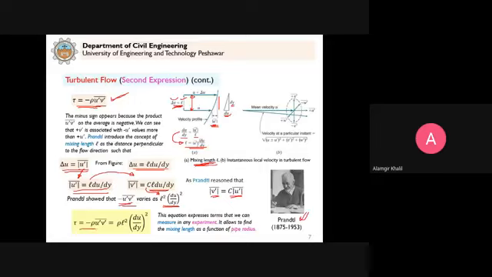So now the shear stress, which was represented by this Reynolds stress, is now represented in this term. And this form of the shear stress we can measure, because this L we can measure, and this can be represented as a function of the pipe radius. So the shear stress you can easily calculate.